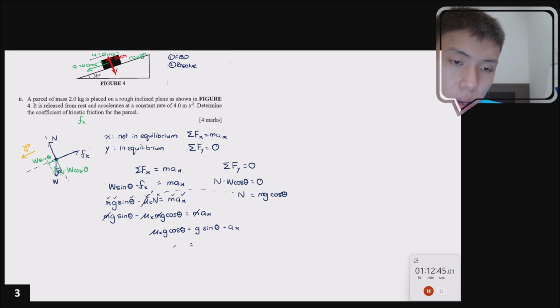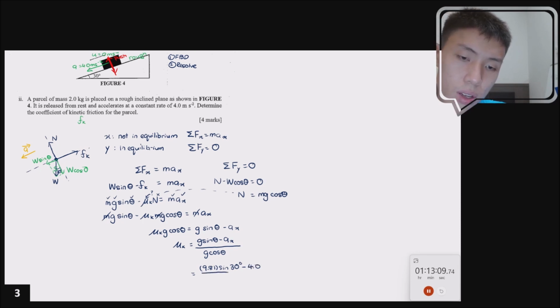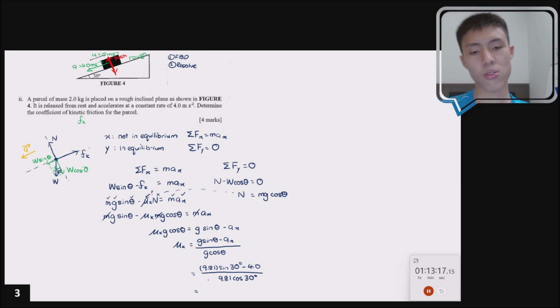Okay, continue. mu k will equal g sine theta minus ax, the x component of acceleration, divided by g cos theta. Okay, so now we have everything. 9.81 sine 30 degrees minus the acceleration rate, which is 4.0, divided by 9.81 cos 30. Okay, so we substituted in everything, just calculate only.